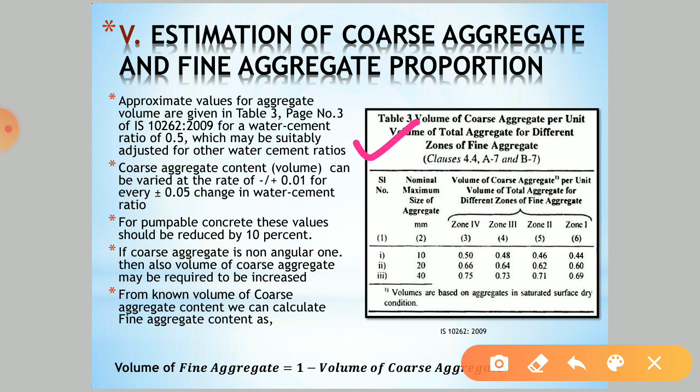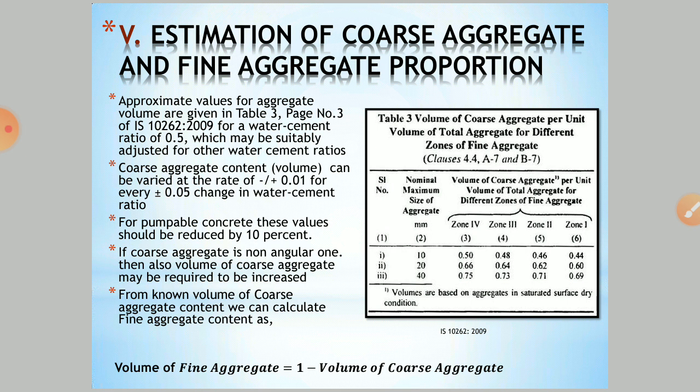Suppose you get a water cement ratio of 0.6 or 0.55, then you have to vary them. Next, coarse aggregate content can be varied at the rate of minus/plus 0.01 for every plus or minus 0.05 change in water cement ratio.